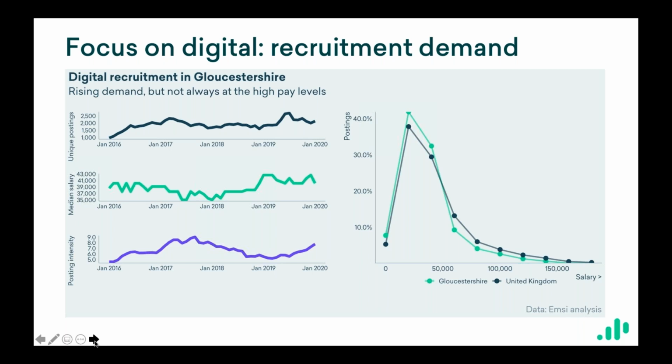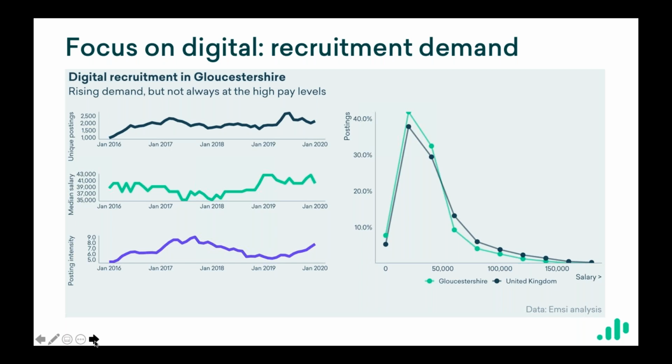Another way you can see labour market tightening is what we call posting intensity, where, because we gather all the job postings we see and then we deduplicate them, we can actually measure the number of unique postings compared to the number of duplicates we found. And that may be an indicator. It can vary as to posting activity and recruitment demand.